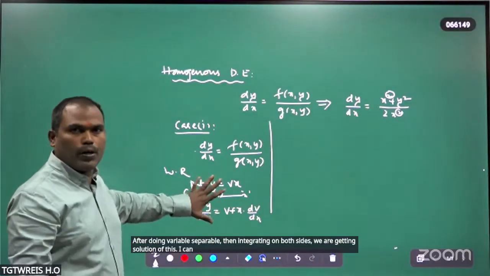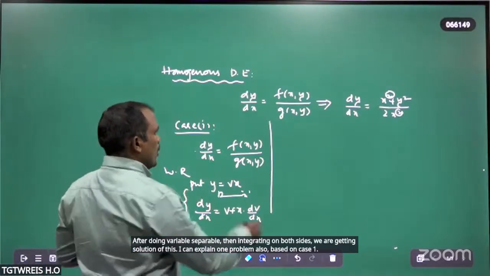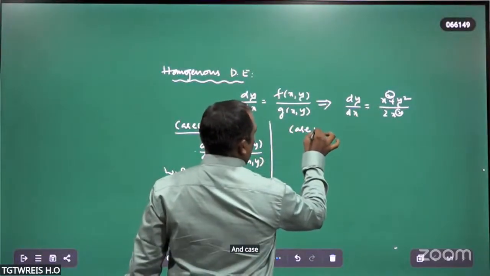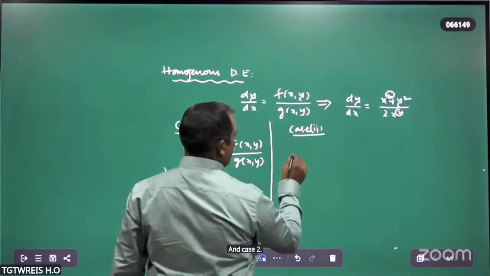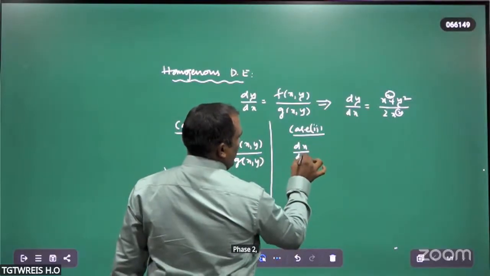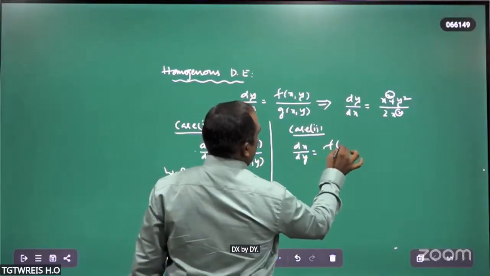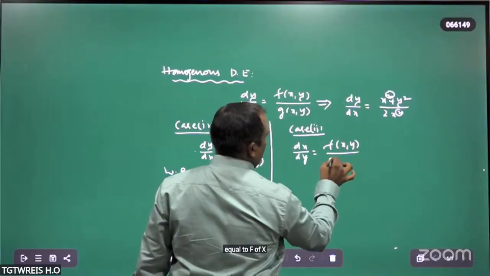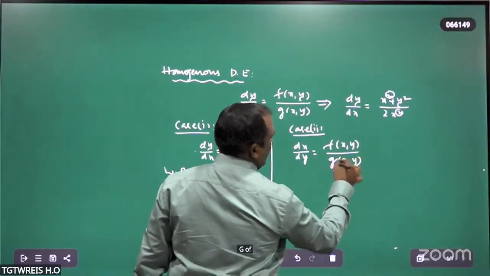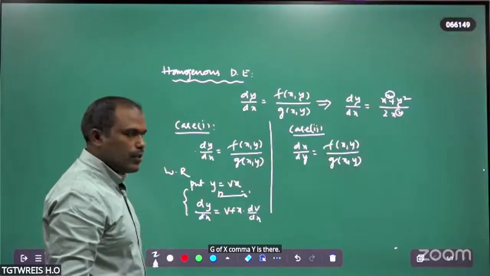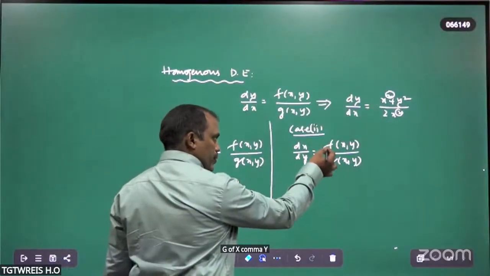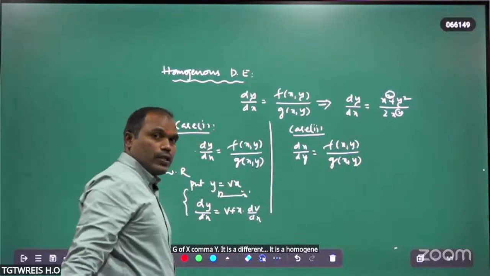I can explain one problem also based on case 1 and case 2. Case 2: dx by dy equal to f of x comma y by g of x comma y. It is a homogeneous differential equation.